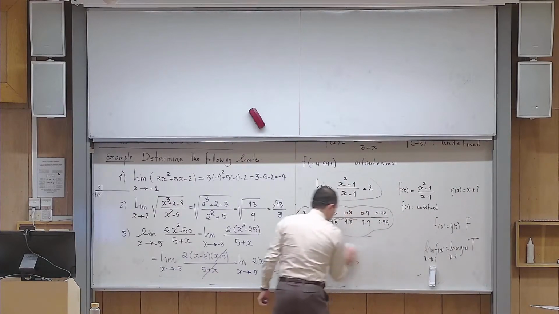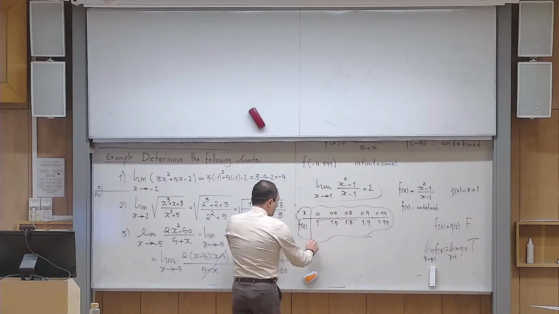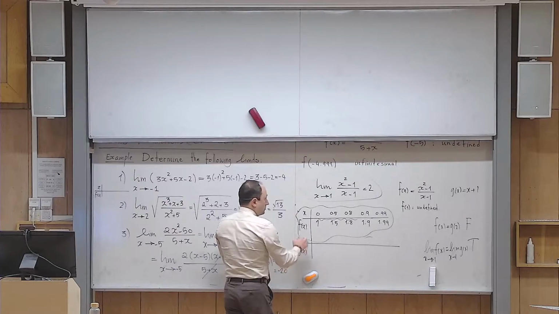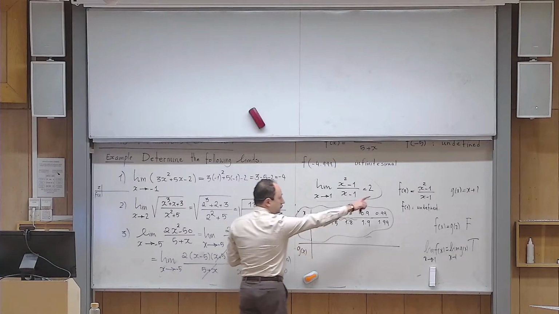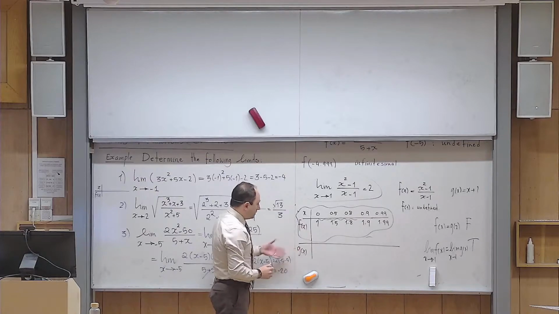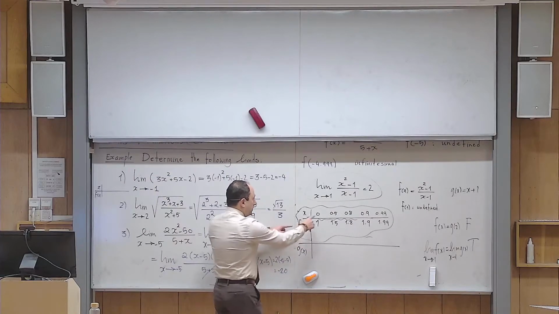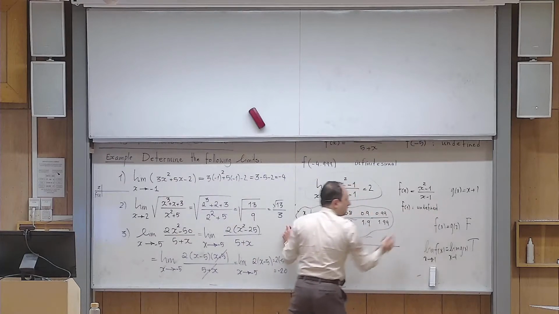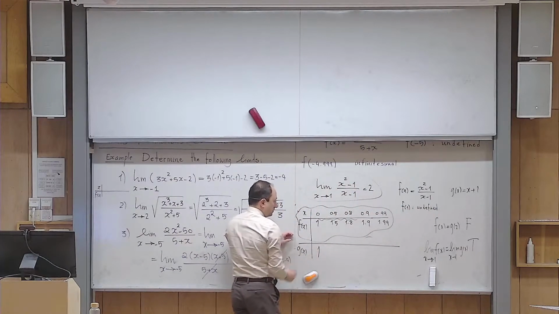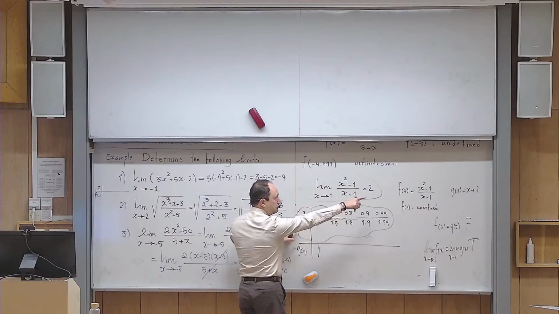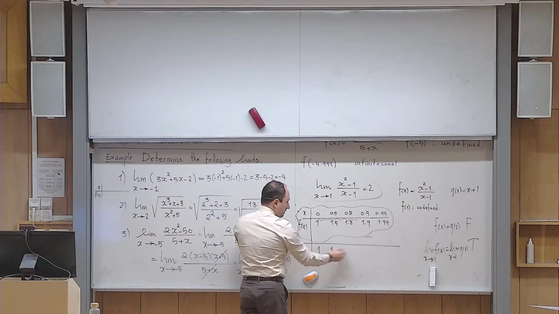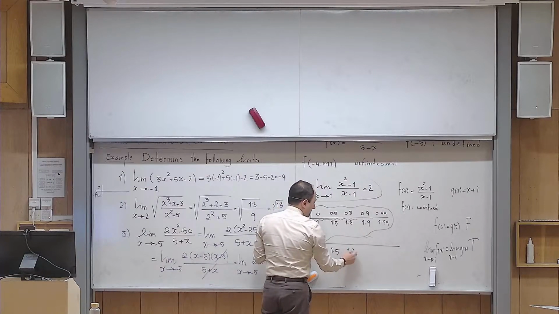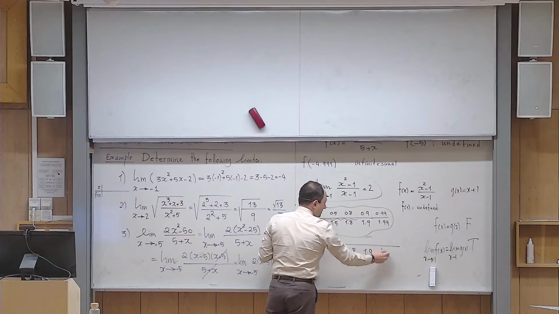So it means, let us try to check. It means that if I have another row for g, so remember f is that function, g is the other function. If I have another row for g, if I put 0 for x in g, what do I get? I get 1. If I put 0.5, what do I get? 1.5. If I put, I don't know, 0.8, I will get this, I will get this, I will get this.